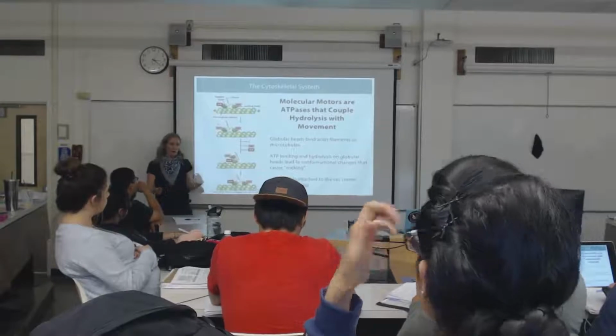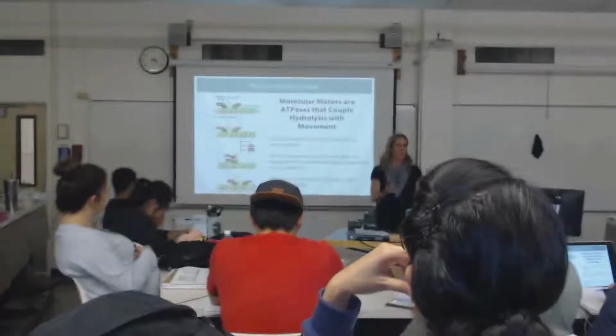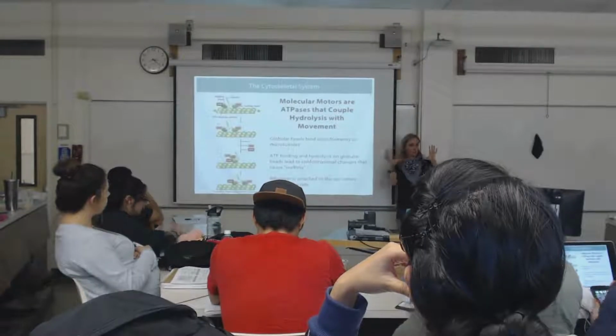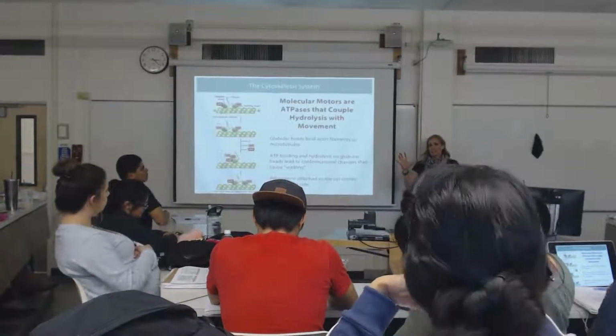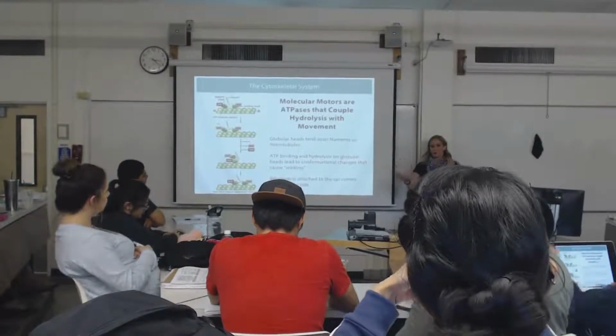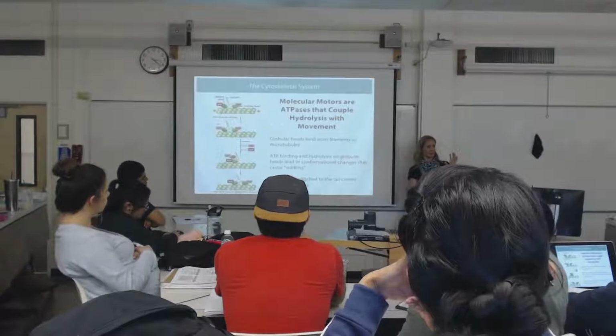So a lot of times what happens with ATPases, and we'll see this again, and this is the same with GTP hydrolysis, the GTP or ATP will get hydrolyzed to form ADP or GDP, right?